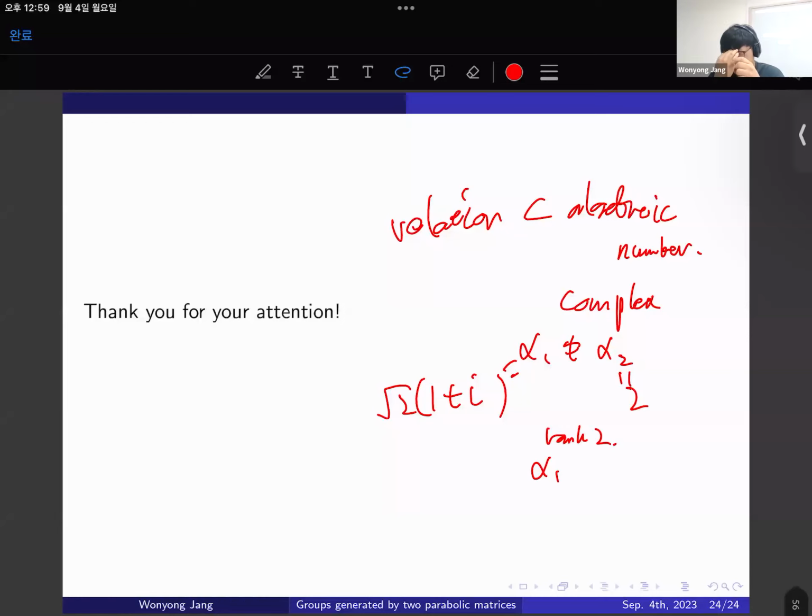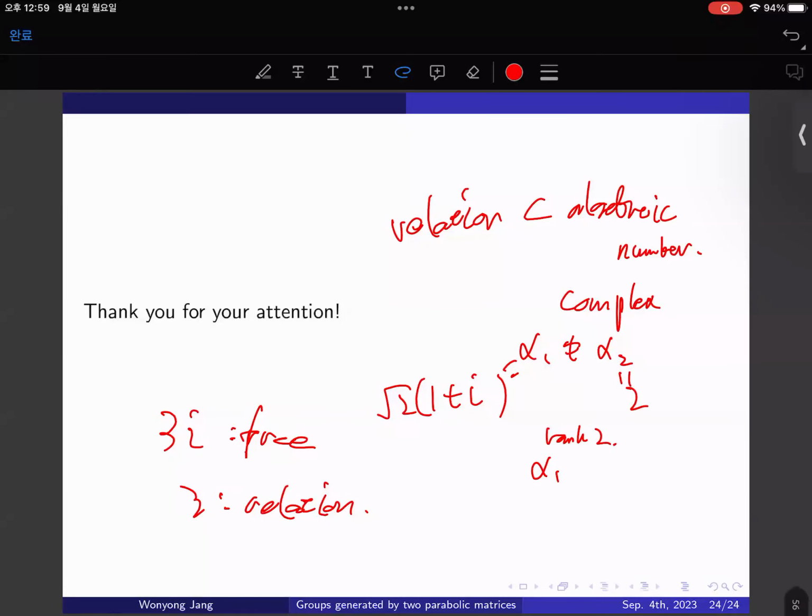I was told that it is false. Maybe actually, I was told that 3i is free, but 3 has a relation. So I think it is false. Okay, yeah, that's right.